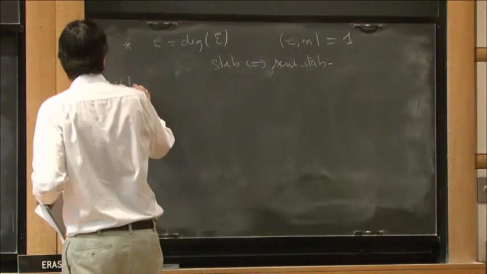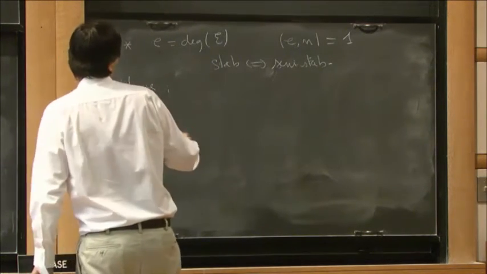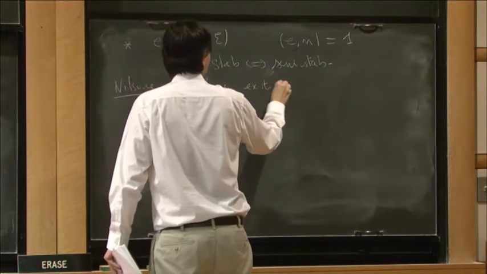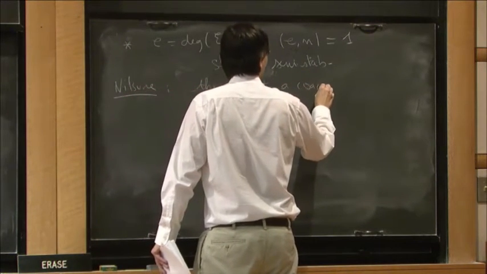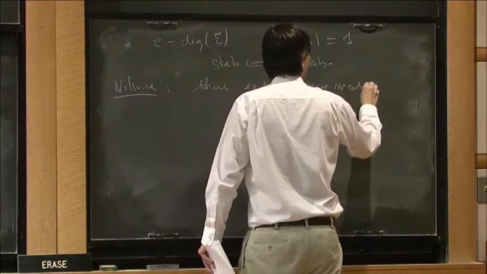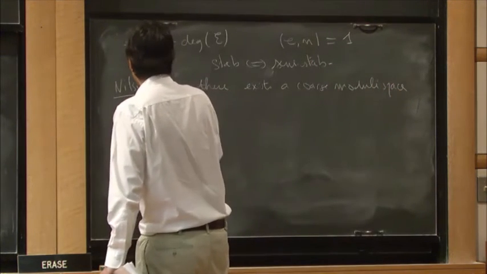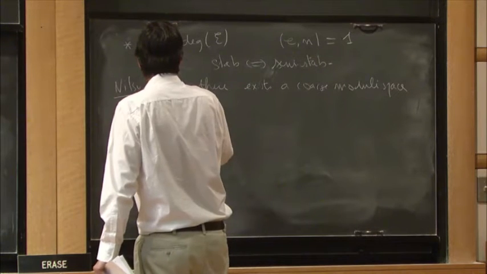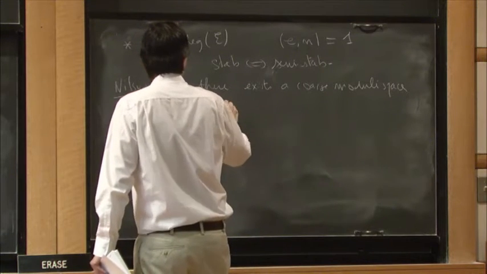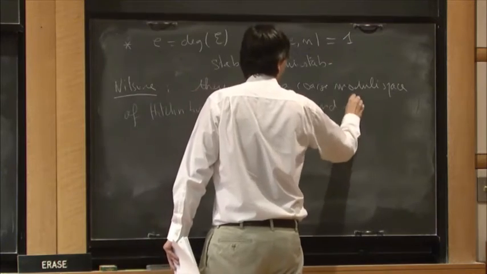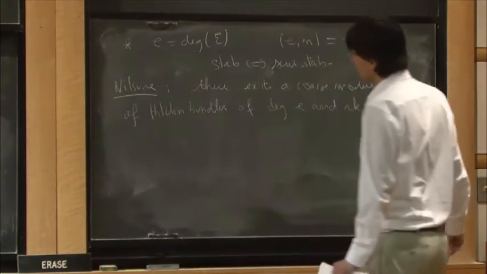So Nitsure: there exists a coarse moduli space of Hitchin bundles of degree e and rank n.